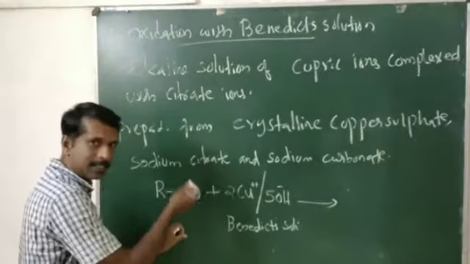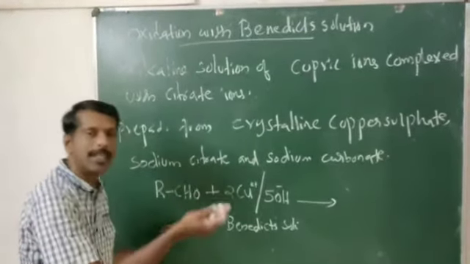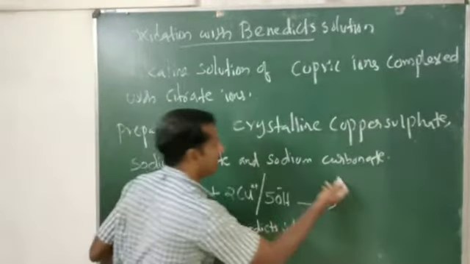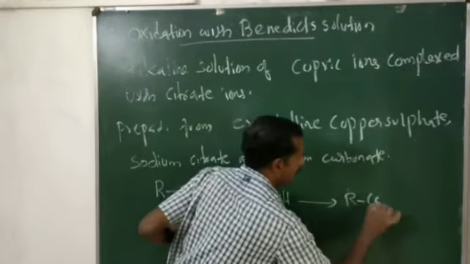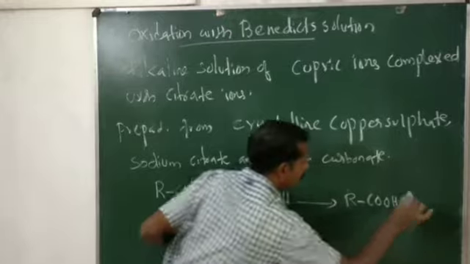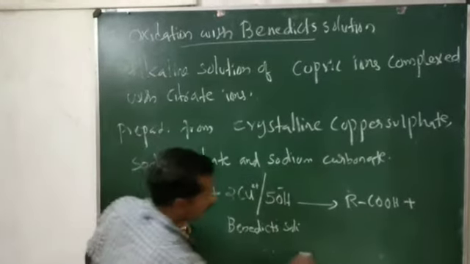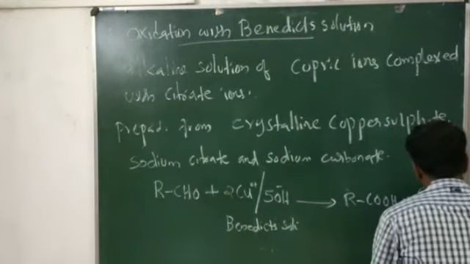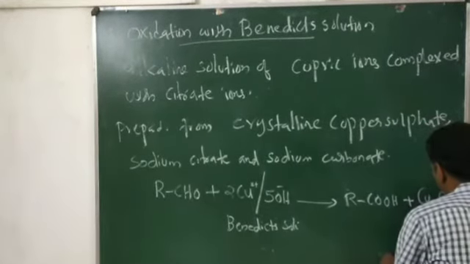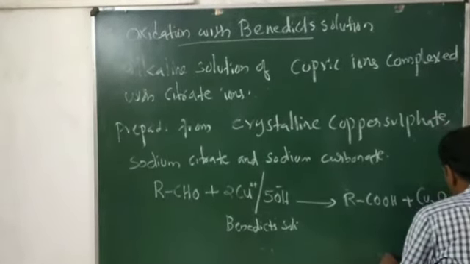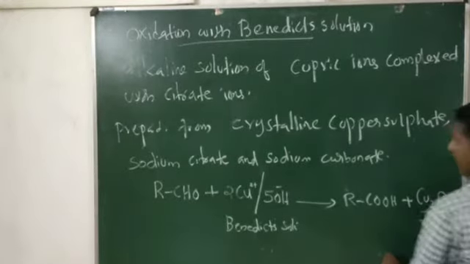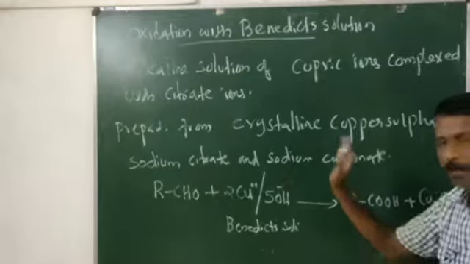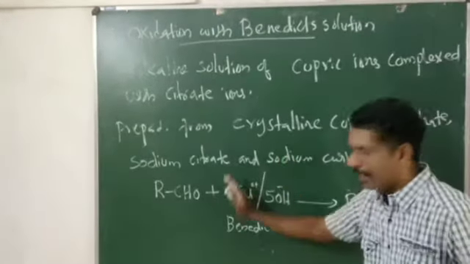As we have discussed in the previous cases with Tollens reagent or Fehling solution, the aldehyde RCHO will be oxidized to the corresponding acid RCOOH. At the same time, this Benedict solution will be reduced to cuprous oxide, Cu2O, and we get a red-brown precipitate.